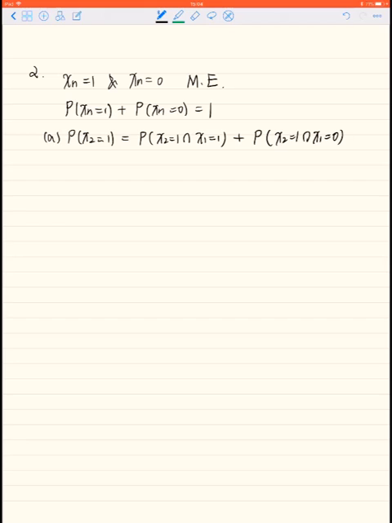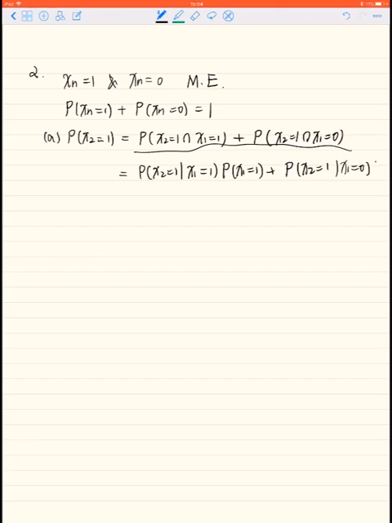Now, to figure out this equation, we just use conditional probability, and that should be the probability that X2 equals 1 given X1 equals 1, times the probability that X1 equals 1, plus the probability that X2 equals 1 given X1 equals 0, times the probability that X1 equals 0. And the answer should be 0.64.